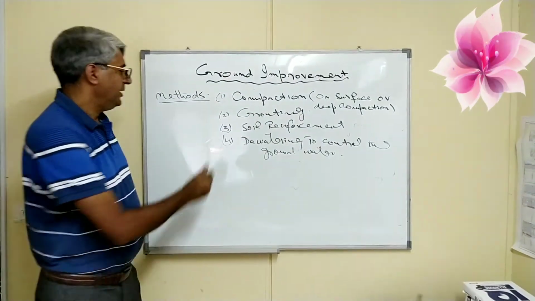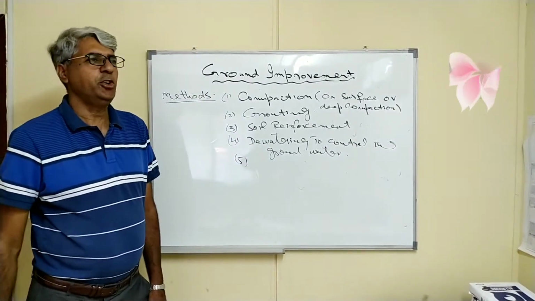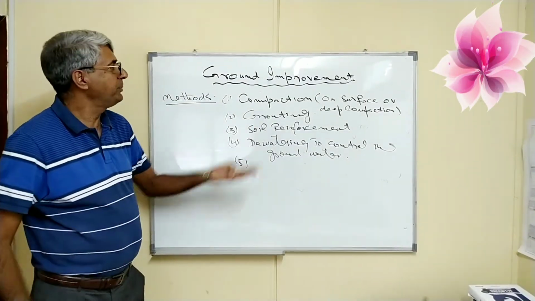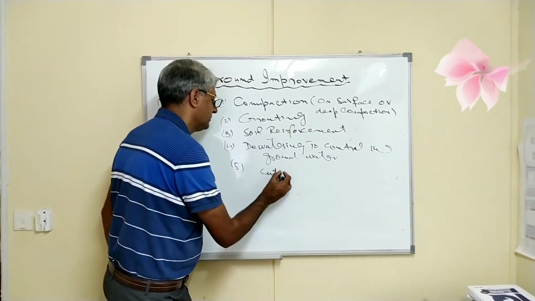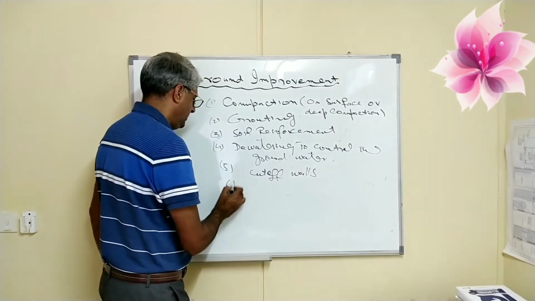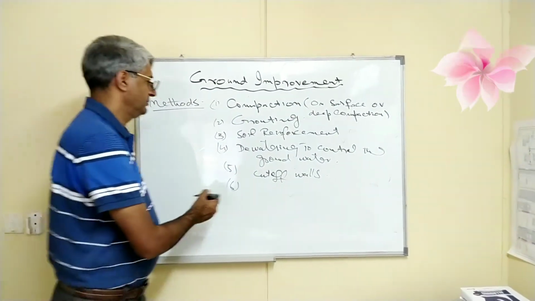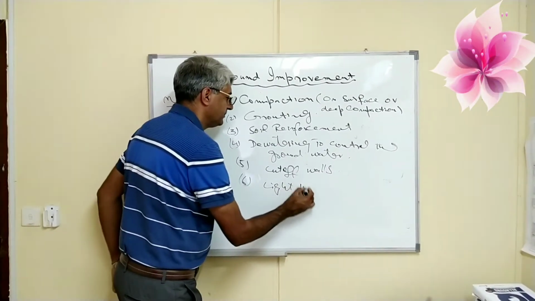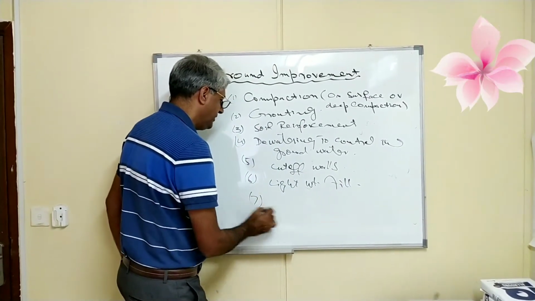After this, method number 5. Sometimes we are making cut-off walls along the structure. So cut-off wall is also one procedure for the ground improvement. So we will write on cut-off walls. Sixth one, in situ soil mixing or lightweight fill. Seven, in situ mixing.